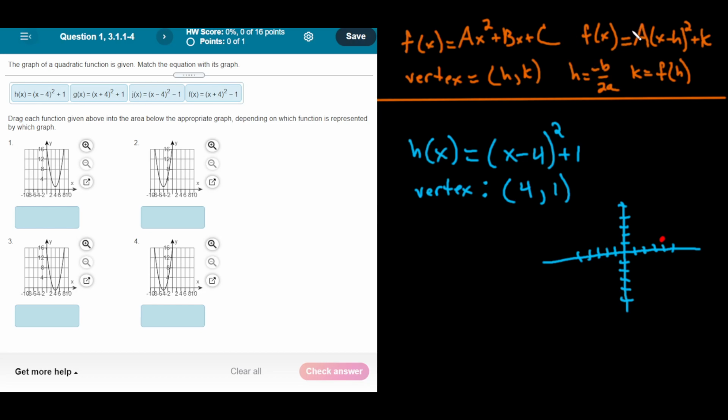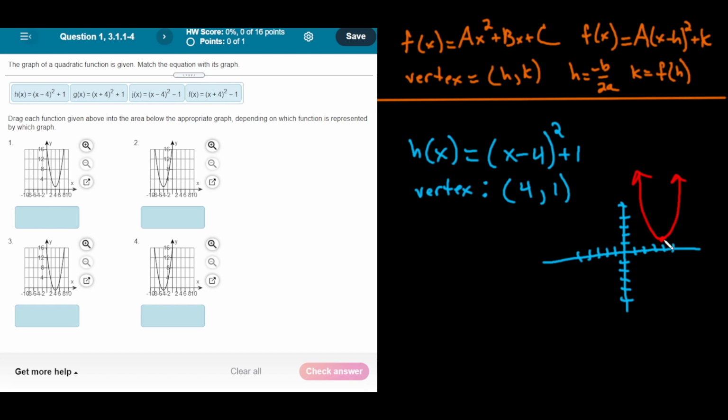Look at your a, the number that's directly outside the parentheses being multiplied. If it's positive, like ours is right here for the h of x, then basically you're going to have something like that. And this is just a rough sketch. If it was negative in front, it's going to be upside down, going the opposite way. So we should have a parabola that looks very, very close to this, that has a vertex.